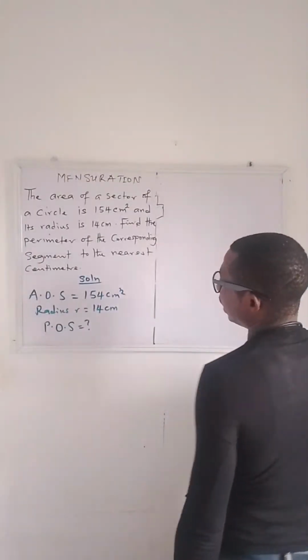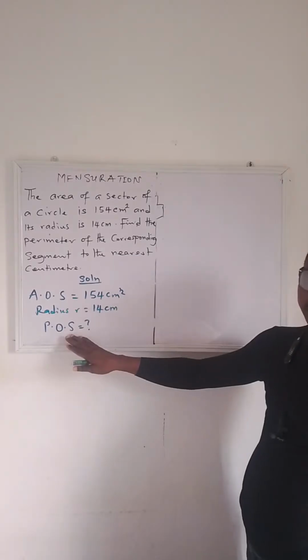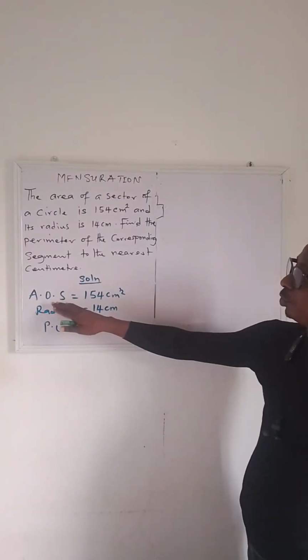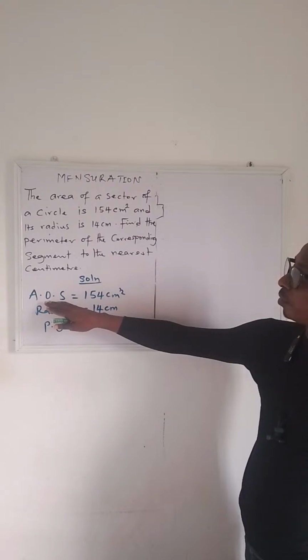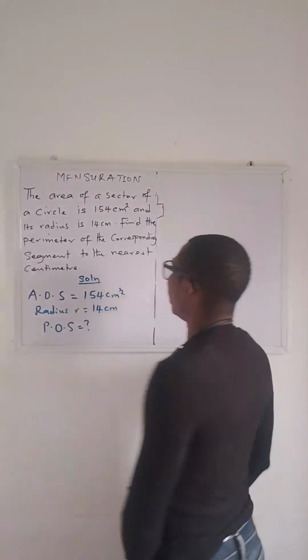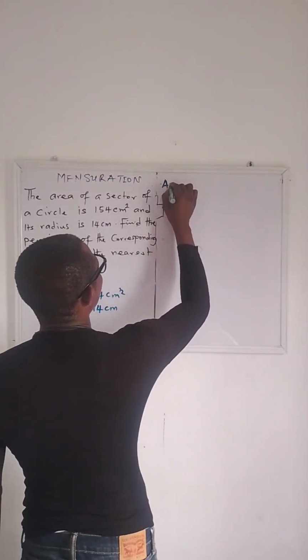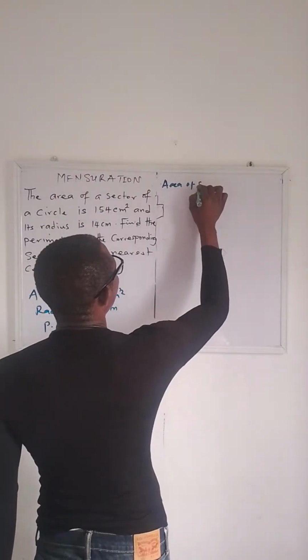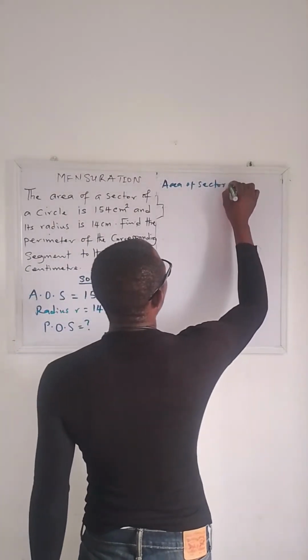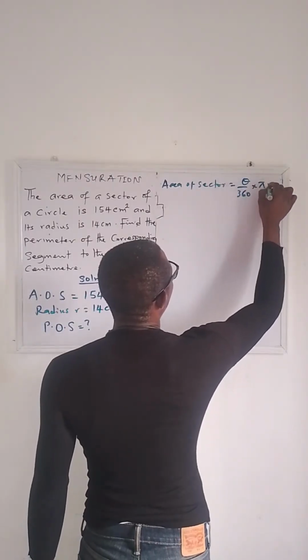Now the first thing is I need the angle. So let me use this area of a sector to get the angle subtended at the center. Area of sector equals theta over 360 times pi r squared.